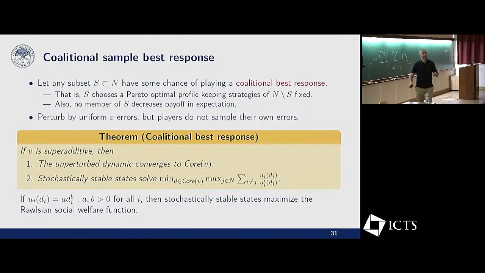So this is basically something that's as good for us as we think would be the case if we just stayed doing the same thing, and also satisfies some kind of Pareto condition, keeping what everybody else is doing fixed. So you're allowing some kind of coalitional updating, and then you perturb that, and you get a different selection, because coalitions can actually choose what they're doing.